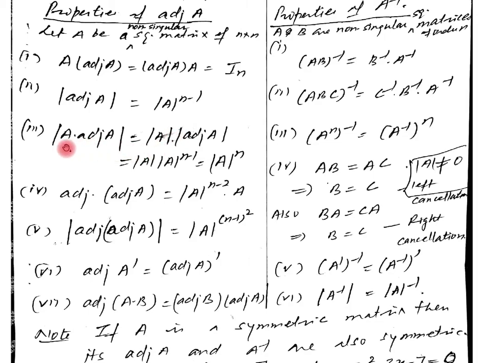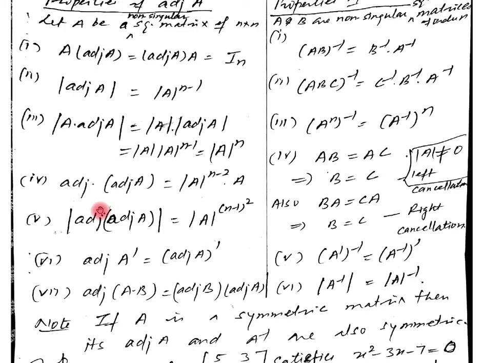So determinant of A into adjoint of A equals determinant of A raised to power n.